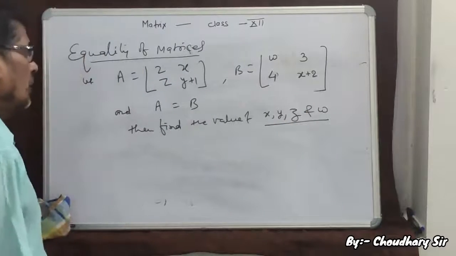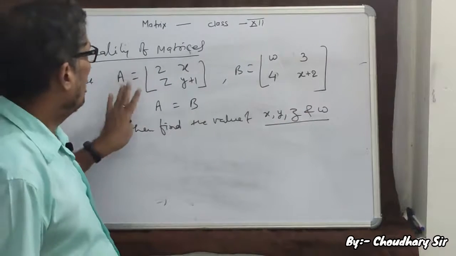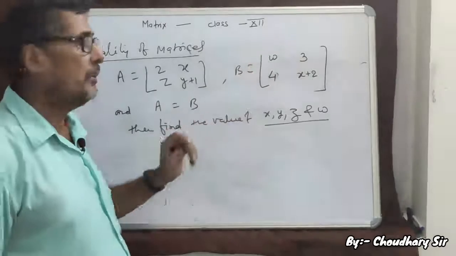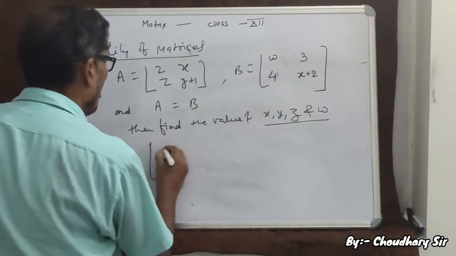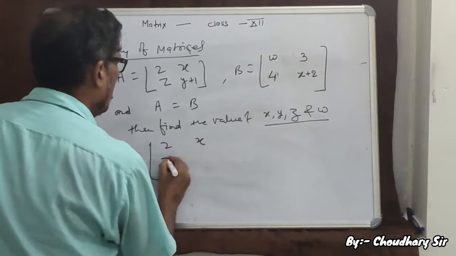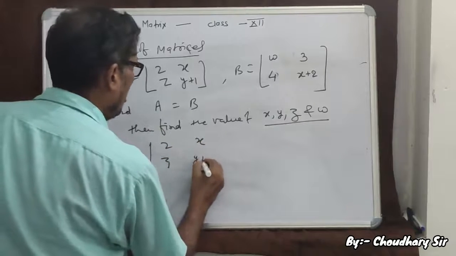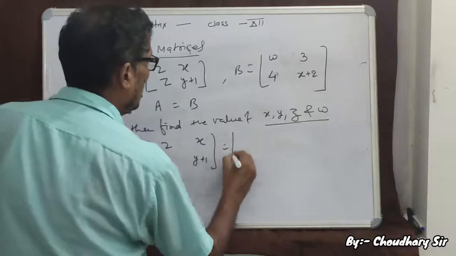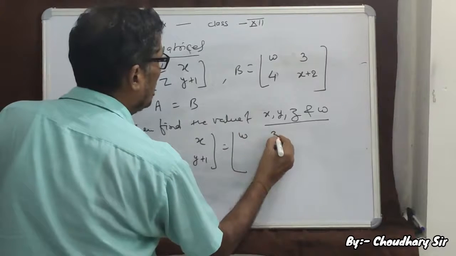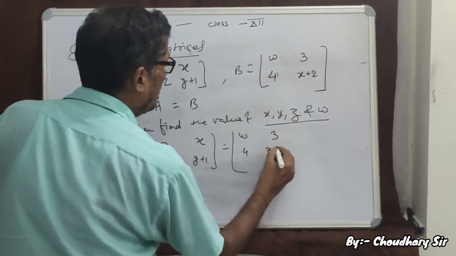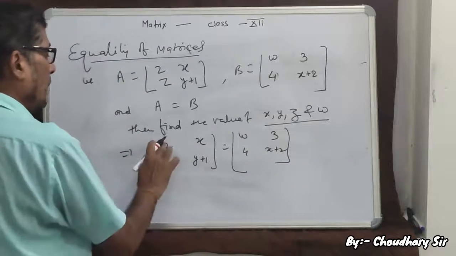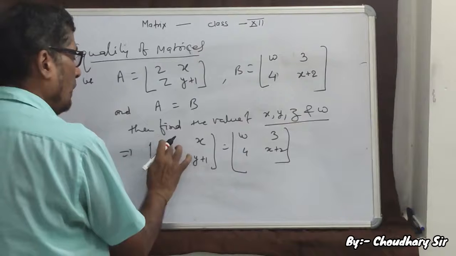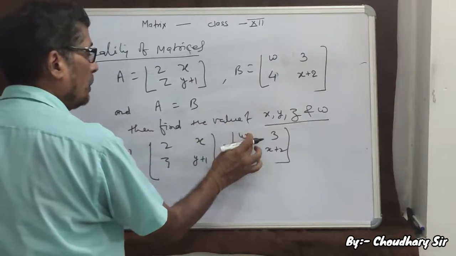Now since matrix A equals matrix B, that is 2x, z, and y plus 1 must be equal to w, 3, 4 and x plus 2. So what you observe is that any element of A must be equal to the corresponding element of this matrix.